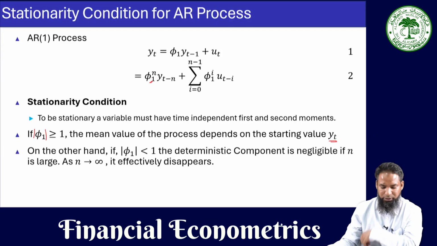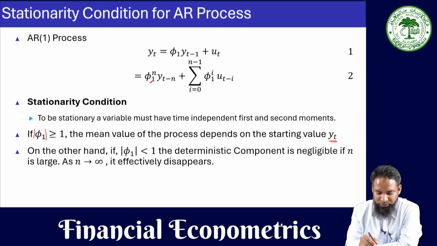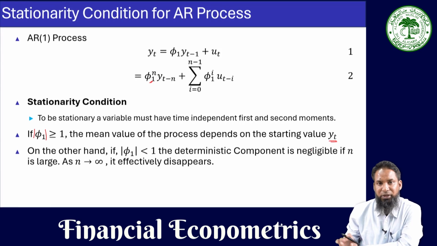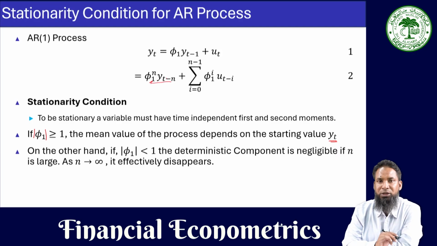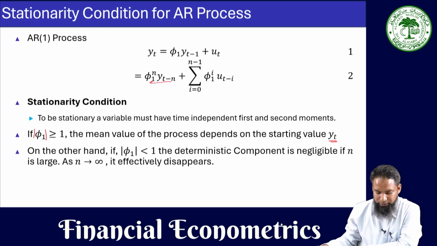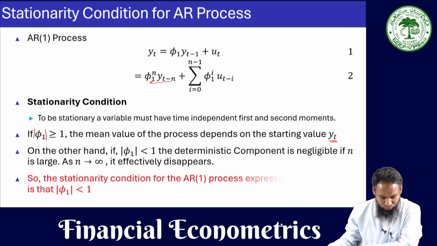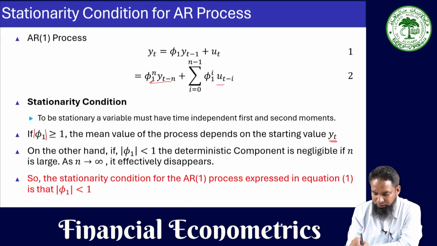On the other hand, if the absolute value of phi 1 is less than 1, then the deterministic component is negligible if n is large; in fact, if n tends to infinity, it becomes 0. And ut is time independent, as we have already assumed.